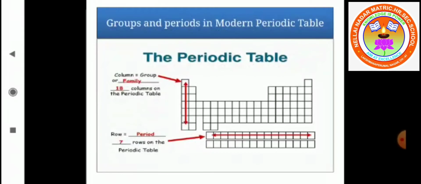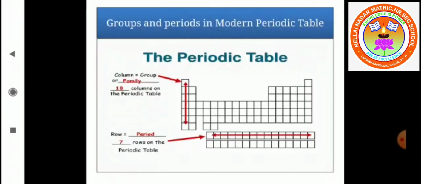The vertical columns in the modern periodic table are called groups or families, and the horizontal rows are called periods. In the modern periodic table, we have 18 groups. The other name for groups is families.